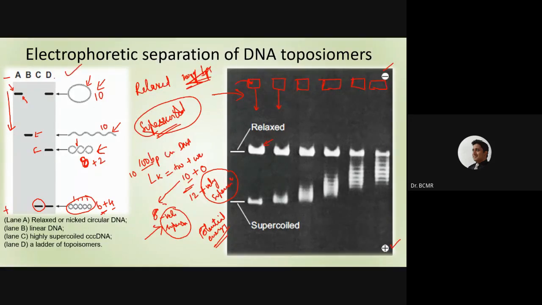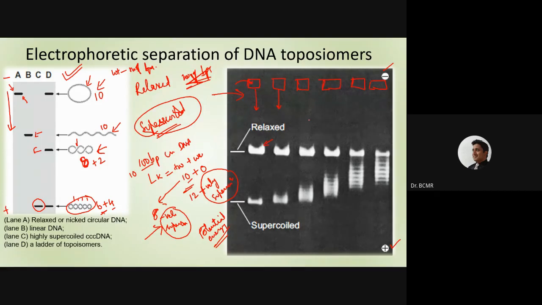In this picture where A, B, C, D are added, all the DNA molecules are supposedly the same molecular weight, meaning they have the same number of base pairs. What is different is the conformation, whether they are supercoiled or relaxed. The topology is different.